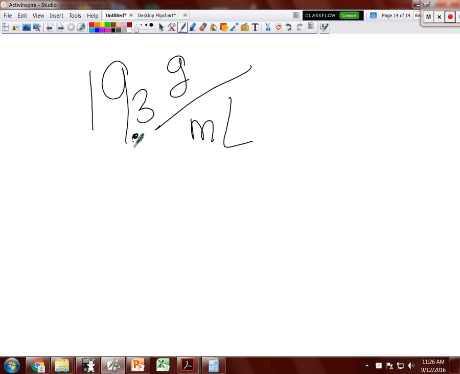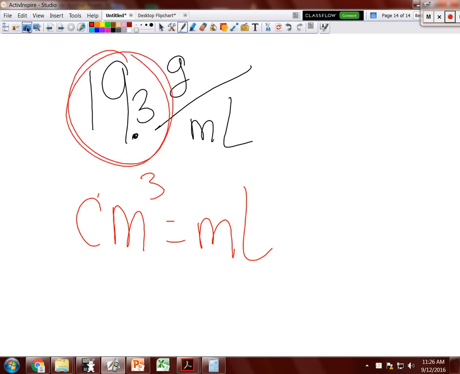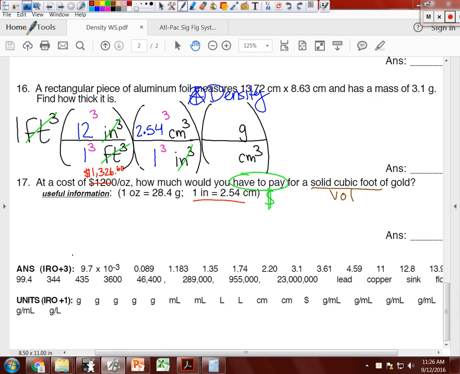This is the part where I hope it all comes back to you. Doesn't a cubic centimeter also equal a milliliter? So is this appropriate? Now, where does this number now go? The way we read density is 19.3 what? How do you say it?